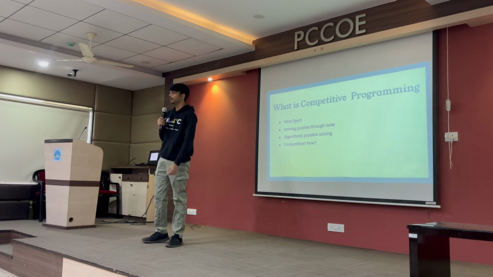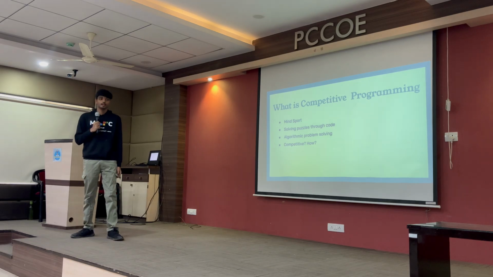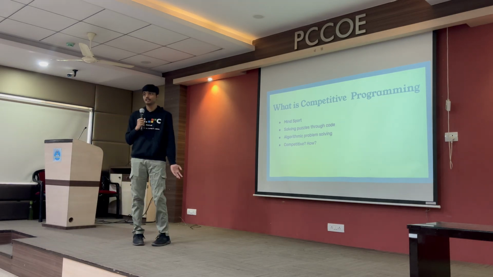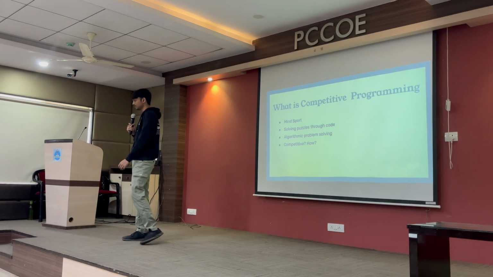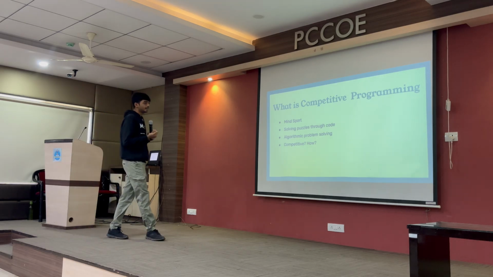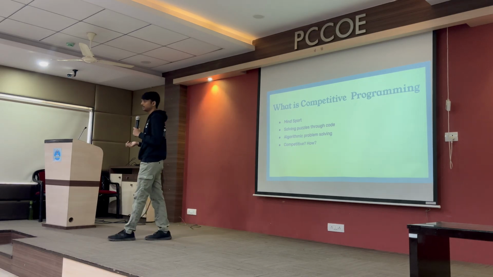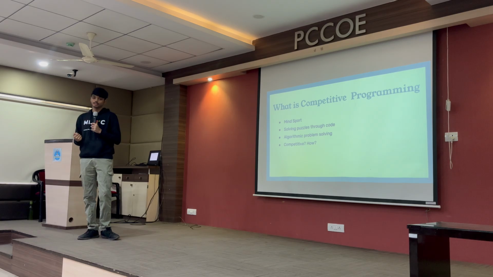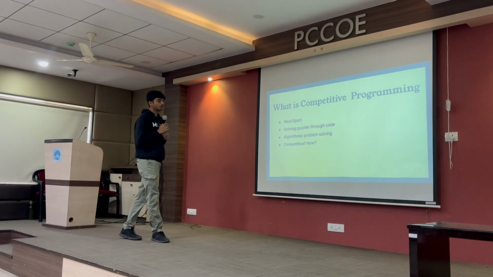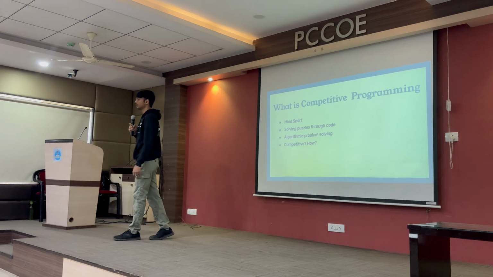But if we write the answer as n into n plus 1 by 2, it will compile and execute in milliseconds. So there is that factor. Each code we can evaluate in two things: its time complexity and its space complexity. Time complexity is how much time it will take to execute the code.